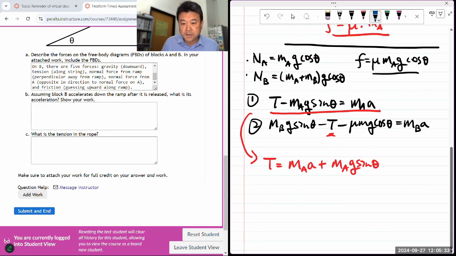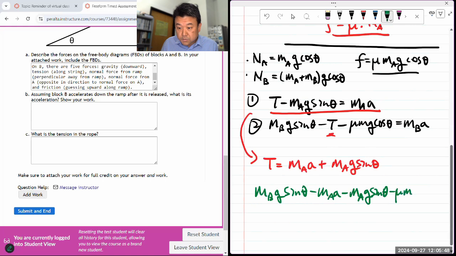Plugging it in there, I get m_B g sine theta minus both of these, minus m_A a minus m_A g sine theta, minus mu m_A g, oops, that should have been m_A g cosine theta, is equal to m_B a.